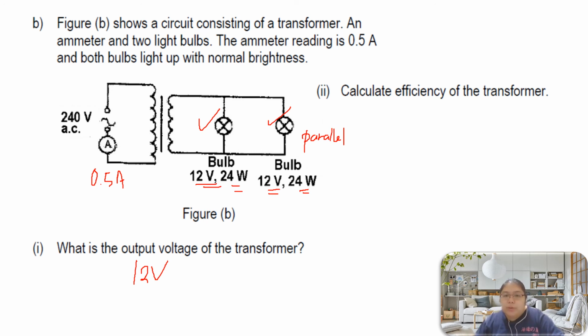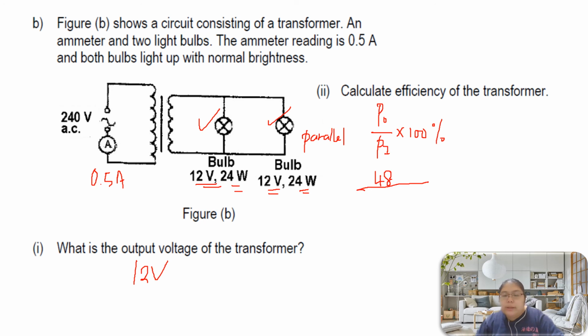Now we need to calculate the transformer efficiency. The efficiency formula is power output over power input, then multiply by 100%. First, we know the output power. For the bulbs, we don't need to care about series or parallel for power. We just add together. If series, we also add. If parallel, we also add. So from here, the power output is 48.